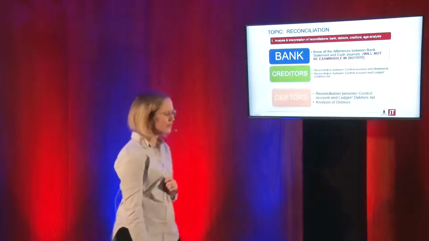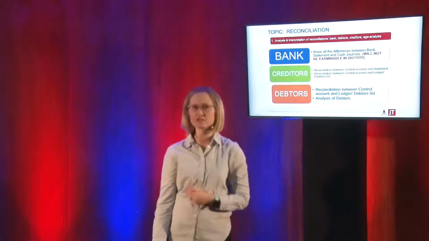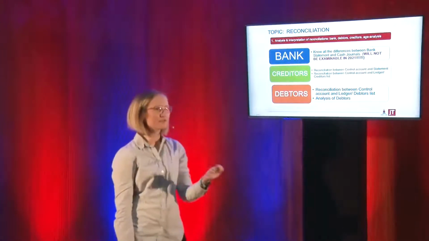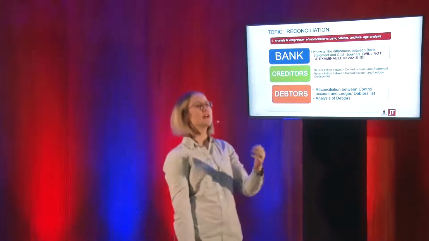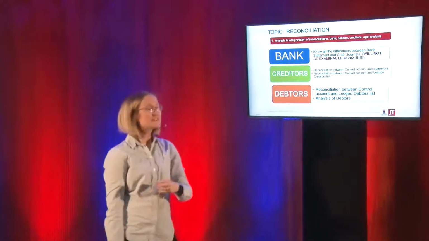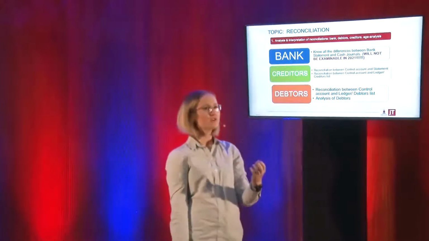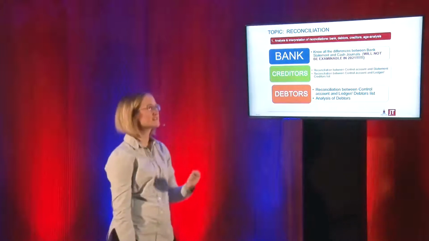With creditors, there are 2 different types of recon. The first is where we get a statement from our supplier, which is an external source, and we compare it to the creditor's ledger. The second type is where we look at the control account, which should be equal to the creditor's list.